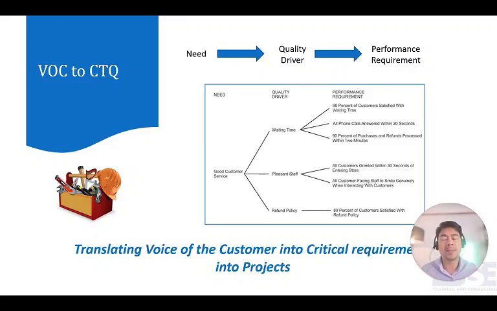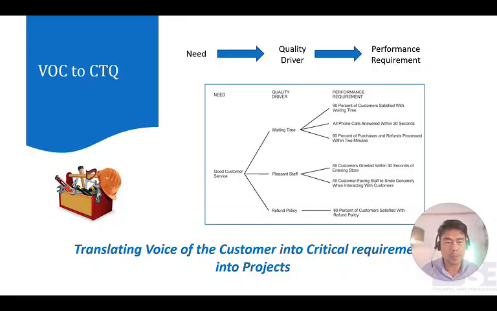Waiting is something that is part of the process, but how satisfied are your customers based on the waiting time that you provide to them? Next one is phone calls answered within 20 seconds. That is a good measure of waiting time. Your customer might not want to wait beyond 20 seconds. Another one will be percentage of purchases or refunds processed within 2 minutes.